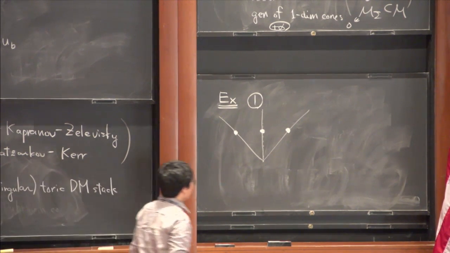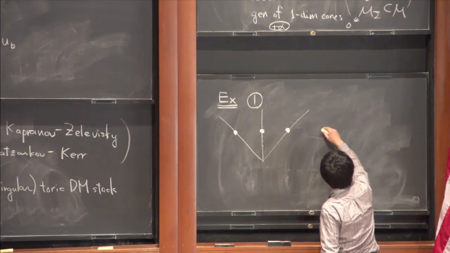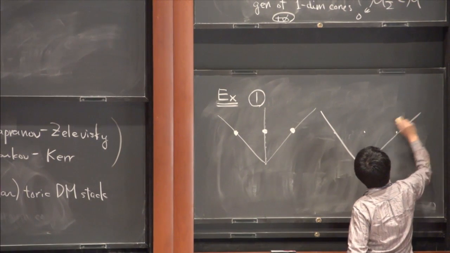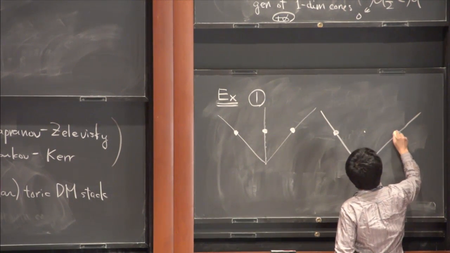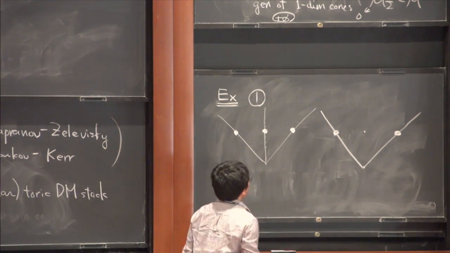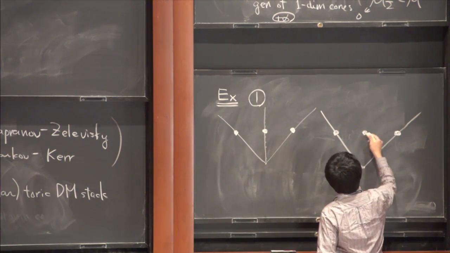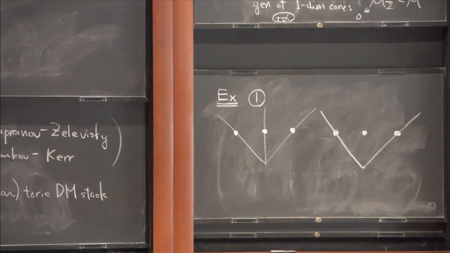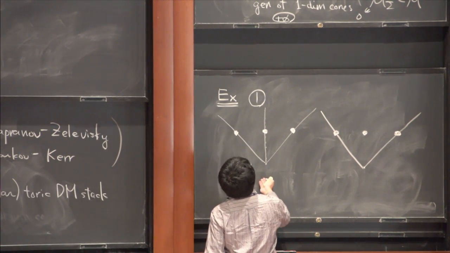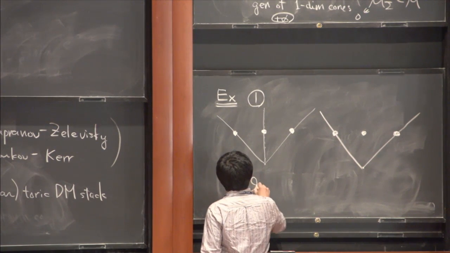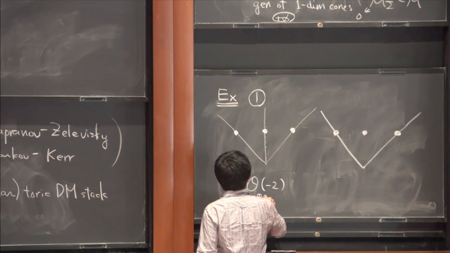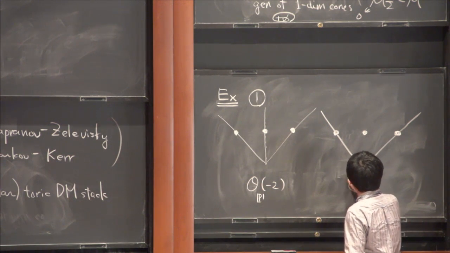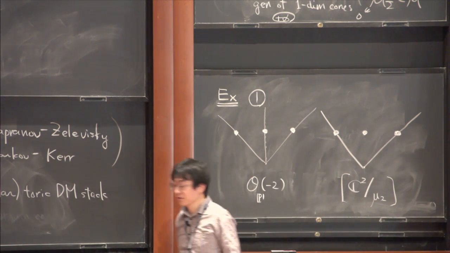Then I have two different stacky fans. In the second case, I don't use this point as part of the data of the stacky fan. This usual fan gives you the total space of O(-2) over P1. And this is a fan for the orbifold C^2 mod mu_2.